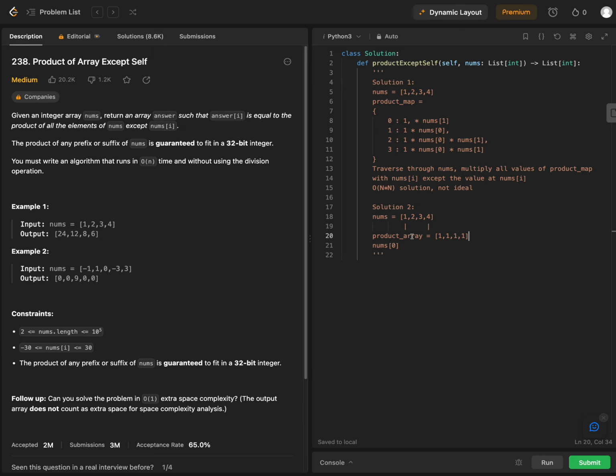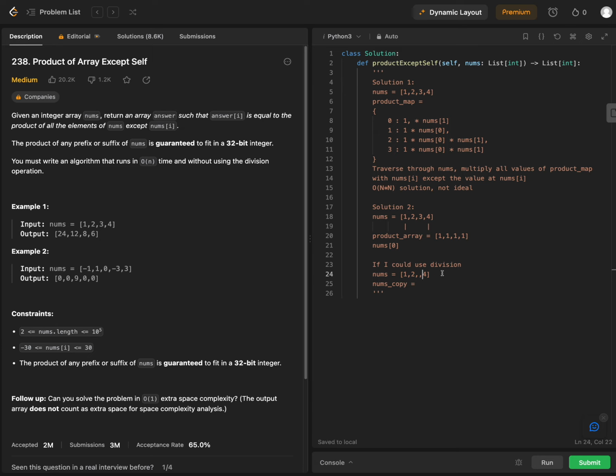Obviously, if I could use division, let's think about it this way. If I could use division, I would have nums equal to 1, 2, 3, 4. Then I have a nums copy, essentially the same thing.